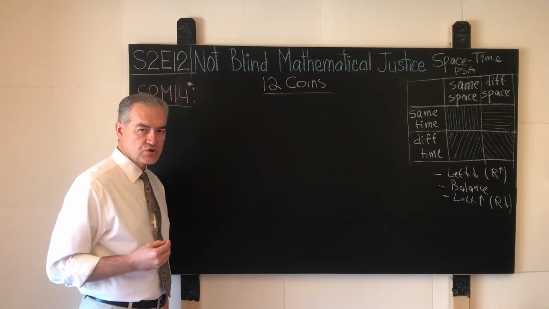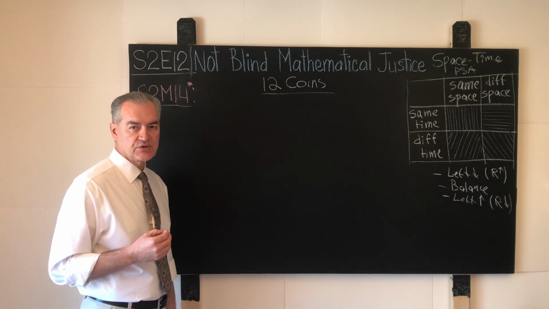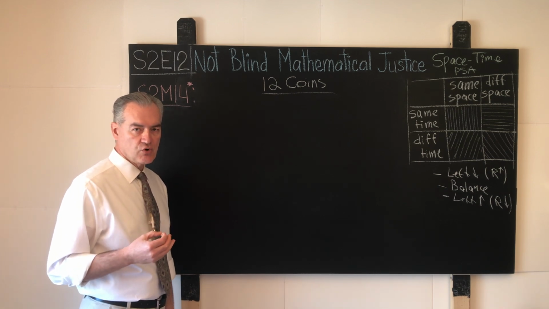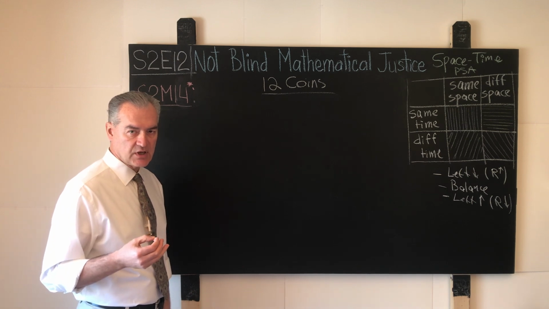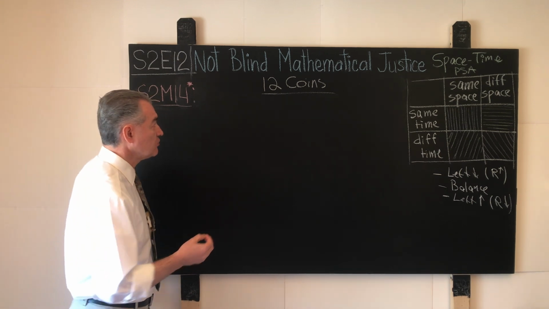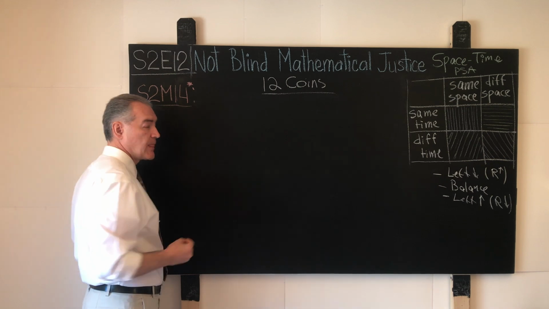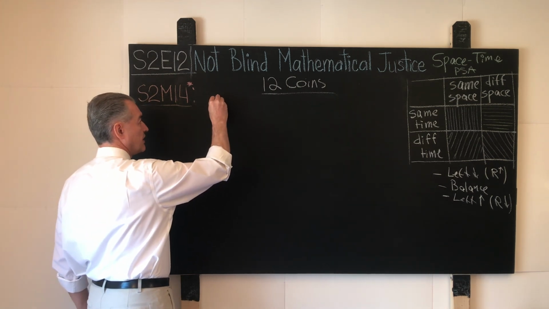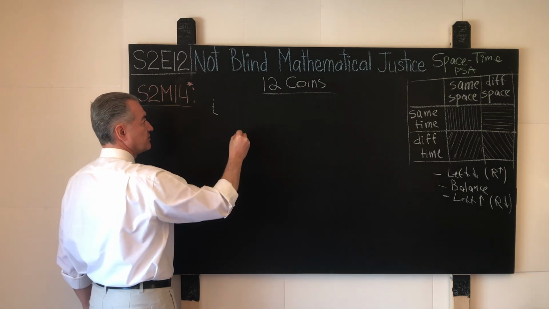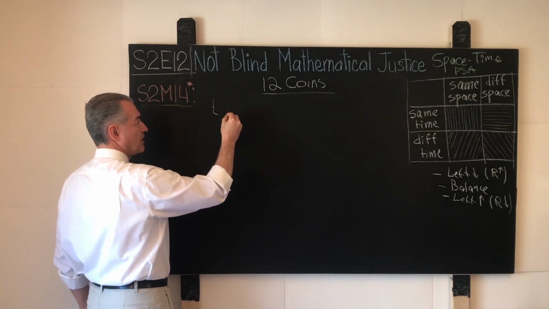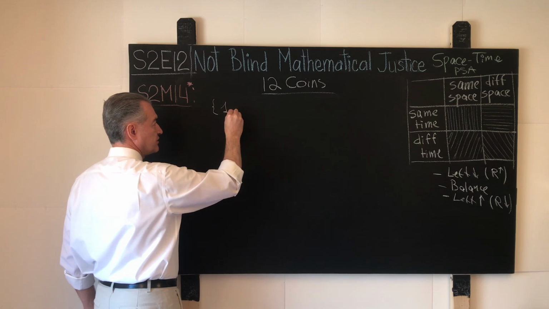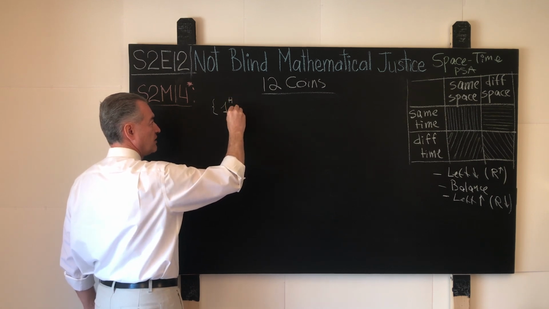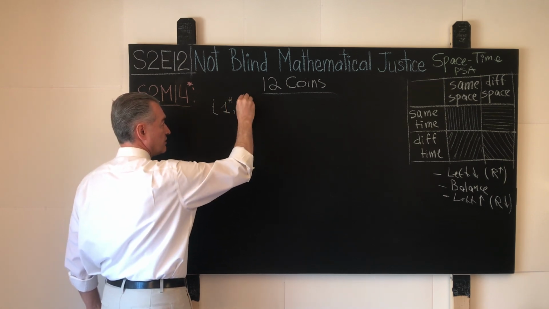in that solution, no matter what that solution is, we need to account for how many possible outcomes. Well, we need to account for 12 times 2, 24 possible outcomes. For example, we can write this down as the following set of outcomes. Coin number 1, let's say, can be heavy, and coin number 1 can be light.